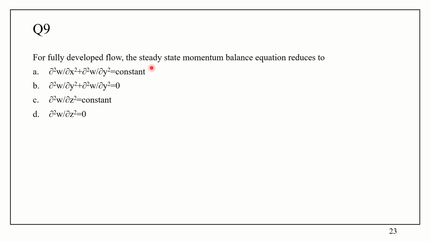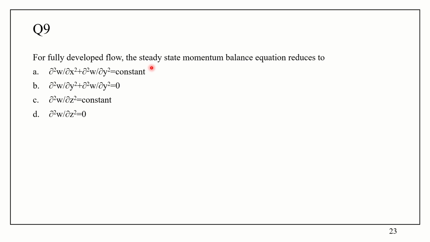The options are: option A, dou square w by dou x square plus dou square w by dou y square equal to constant; option B, dou square w by dou y square plus dou square w by dou y square equal to 0; option C, dou square w by dou z square equal to constant; and option D, dou square w by dou z square equal to 0.